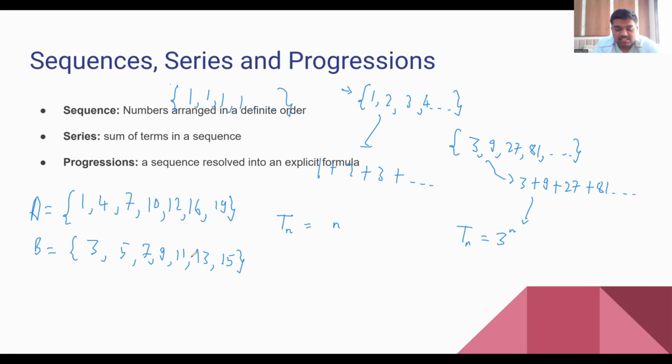So tell me which one is a sequence out of these? Yes, B is a sequence. Why? Because each term is 2 more than the term just preceding it, correct? So this is a sequence. So that is pretty much it about sequences, series, and progressions. Now, there are some common progressions that we generally encounter in our quants paper. So let us see which are those.